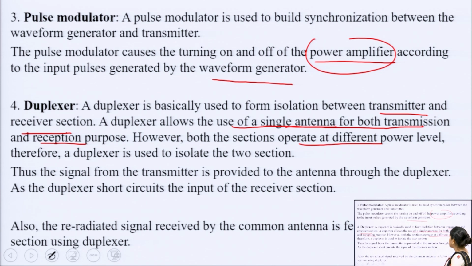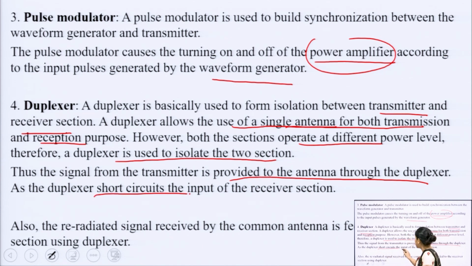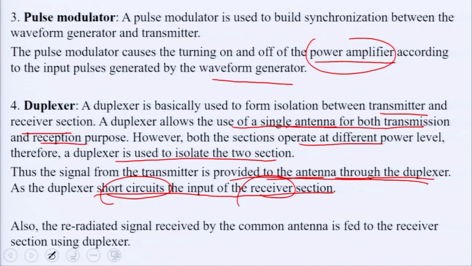Both the sections operate at different power levels, therefore the duplexer is used to isolate the two sections. The signal from the transmitter is provided to the antenna through the duplexer, and the duplexer short circuits the input of the receiver section. So, what is happening here? When the transmitter is working, the signal is provided to the antenna through the duplexer for transmitting, and our receiver section is short circuited by the duplexer.